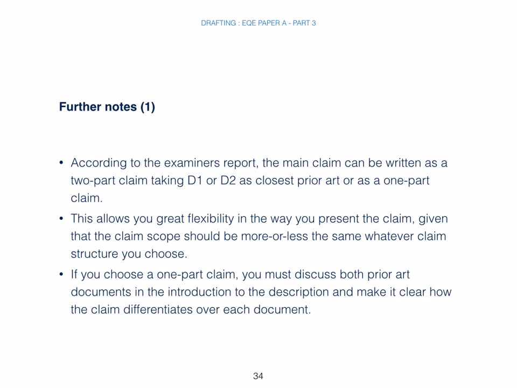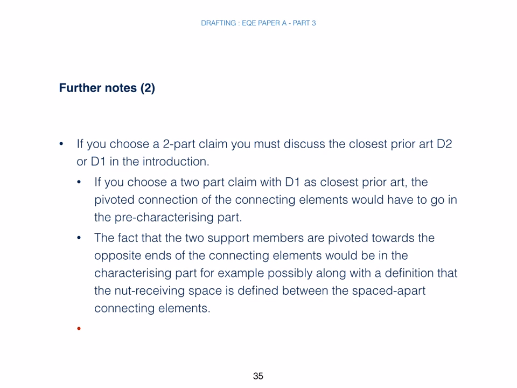If you choose a two-part claim, this is the next slide, you must discuss the closest prior art D2 or D1 in the introduction. As you'll notice, I chose D2 as the closest prior art, but I discussed both D1 and D2.